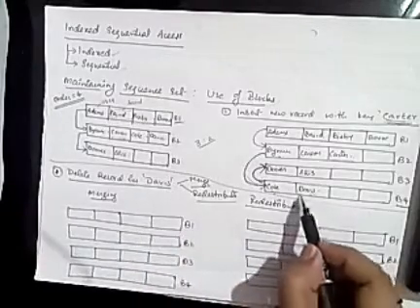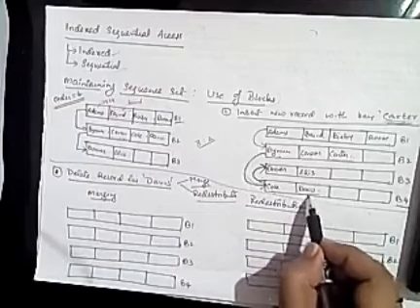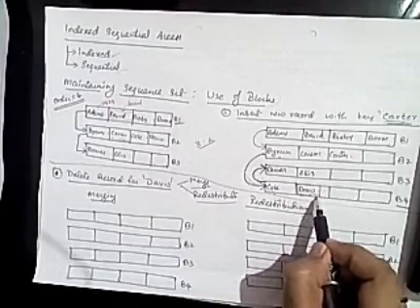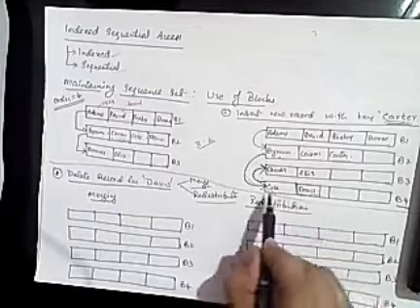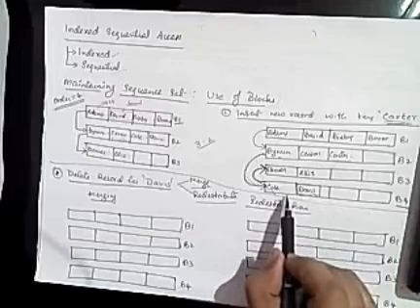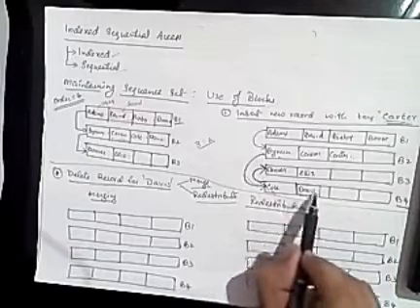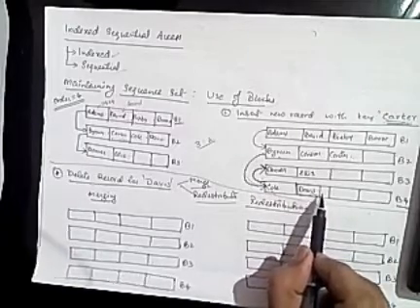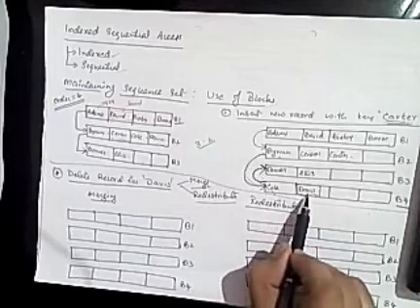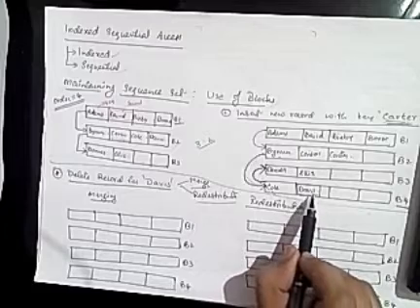Where is it? It is here. When you delete this particular record Davis, it will become underflow, because there should be a minimum of two records. If your block needs to be half full, there should be two records, because our order of the block is 4.